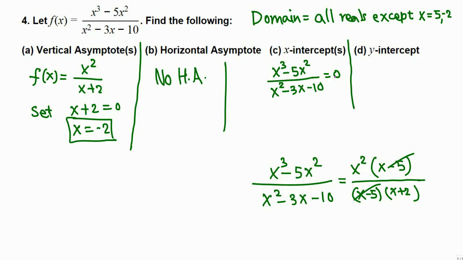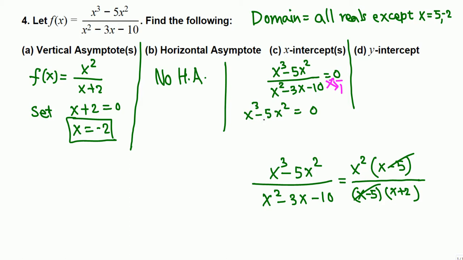We have a fraction equals 0, so 0 is 0 over 1. Cross multiply to get rid of the fractions. This gives x cubed minus 5x squared equals 0.